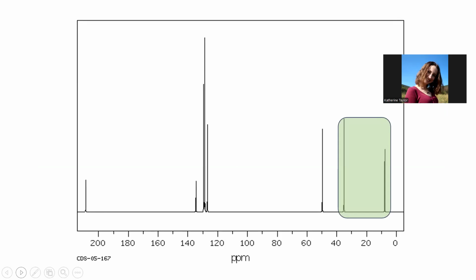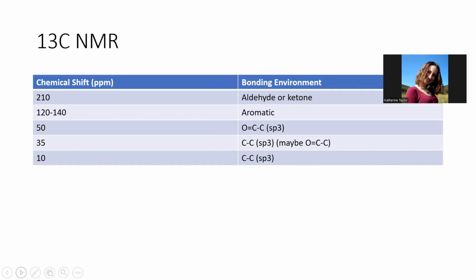Then we have our final two peaks that are under 40 parts per million. This is the region where we're looking at sp3 carbons that are bonded to carbons that are not bonded to heteroatoms. However, I will say the peak at 35 parts per million is really close to that 40 parts per million threshold, so I'm going to leave the possibility that this carbon is also bonded to the carbonyl carbon as a maybe.